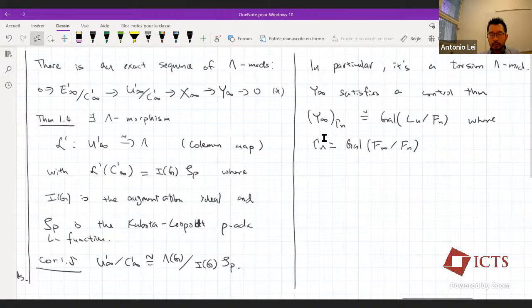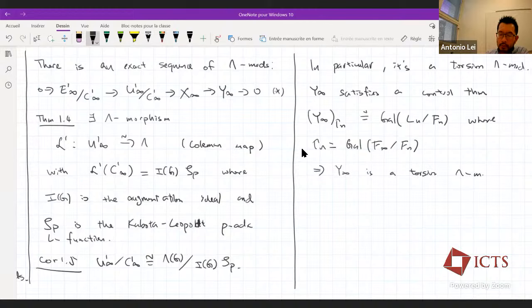So using this, because this is a finite group, the fact that when you take gamma co-invariants you get a finite group means that Y infinity is not very big as a lambda G module. So it would tell you that this is also a torsion lambda module. And so now you know that this is a torsion lambda module, this is a torsion lambda module. So just by looking at this exact sequence, you deduce that this is also torsion and this is also torsion. So everything is torsion in this exact sequence.